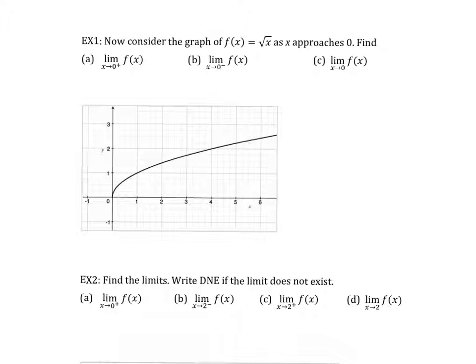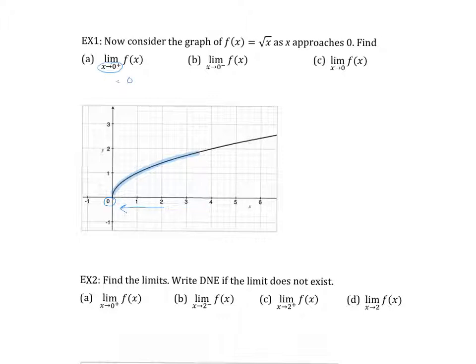In example A, we're looking at the limit as x approaches 0 from the right. So we're getting closer and closer to 0, but we're coming in from the right-hand side. As x approaches 0 from the right, the y values are getting closer and closer to 0. So this is equal to 0.